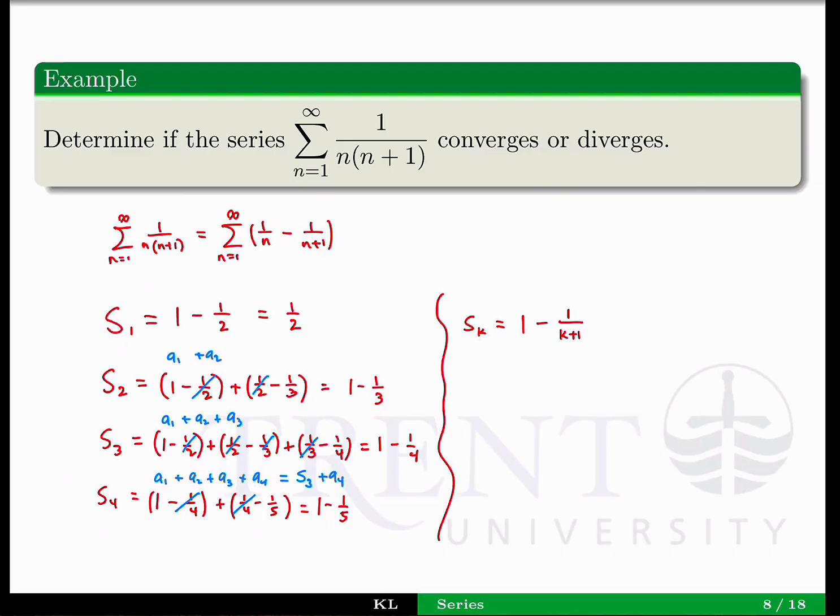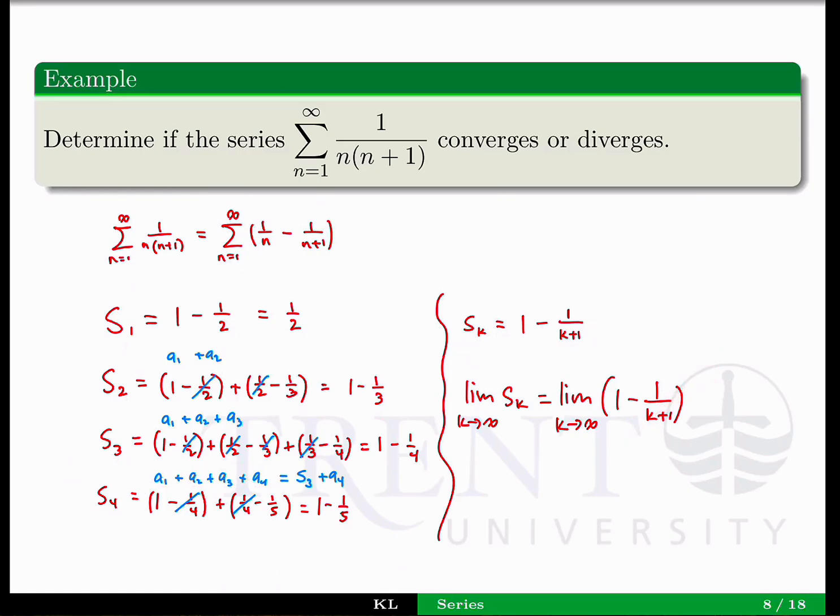So this forms the pattern for the sequence of partial sums, which means that if we try to get the limit of S sub k as k approaches infinity, this is precisely the limit as k approaches infinity of 1 minus 1 over k plus 1. And as k approaches infinity, this will go to 0.